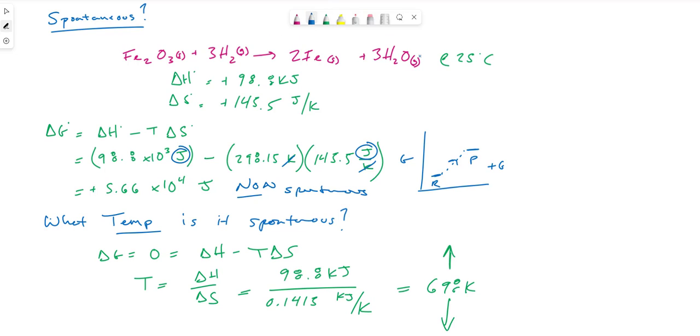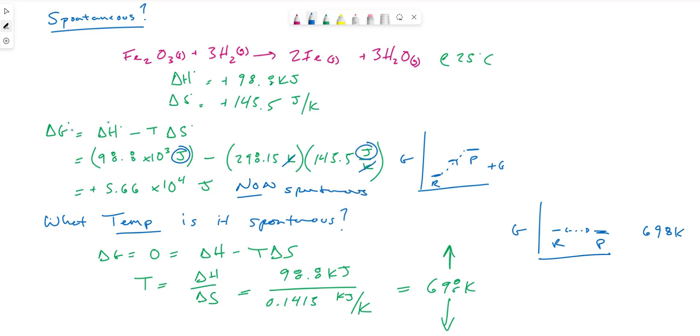Because remember, when confused, draw it up, we are at a system condition where the reactants and the products are exactly equal to each other when this thing is at 698 K. That's what equilibrium means. If I decided to increase T to above 698 K, what does that change?